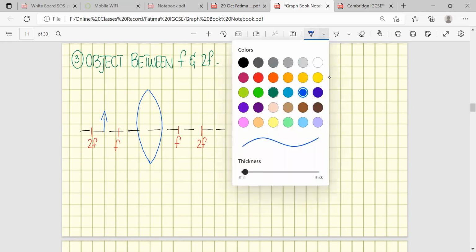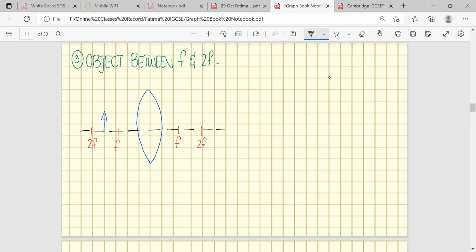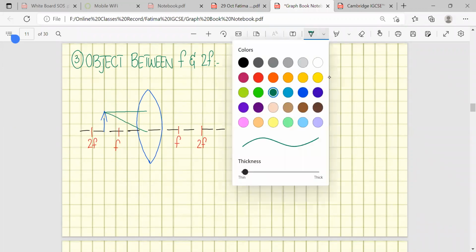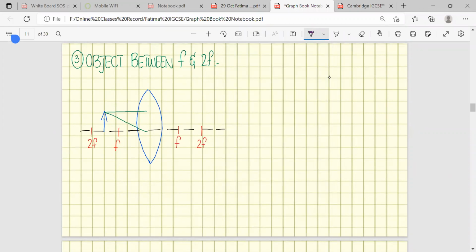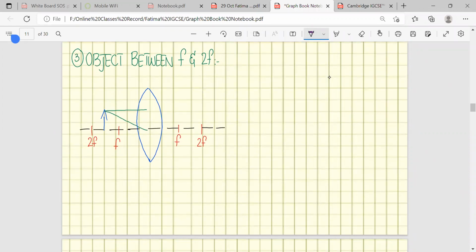So for the image formation in this situation, one ray is passing through the optical center and one is parallel to the principal axis. So the image will form beyond 2F like this, right?